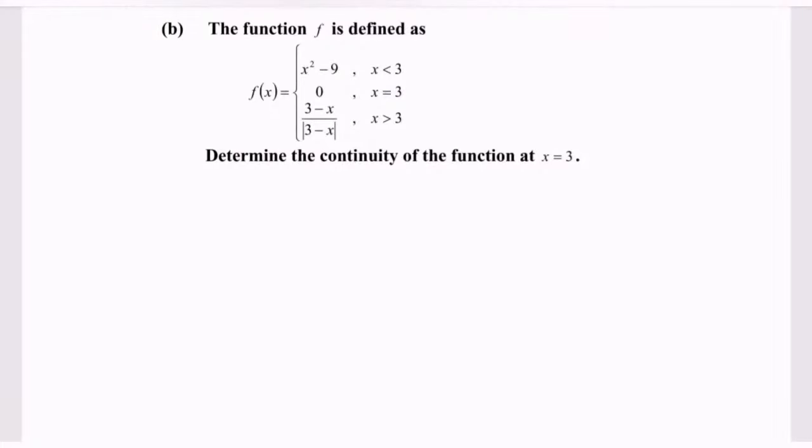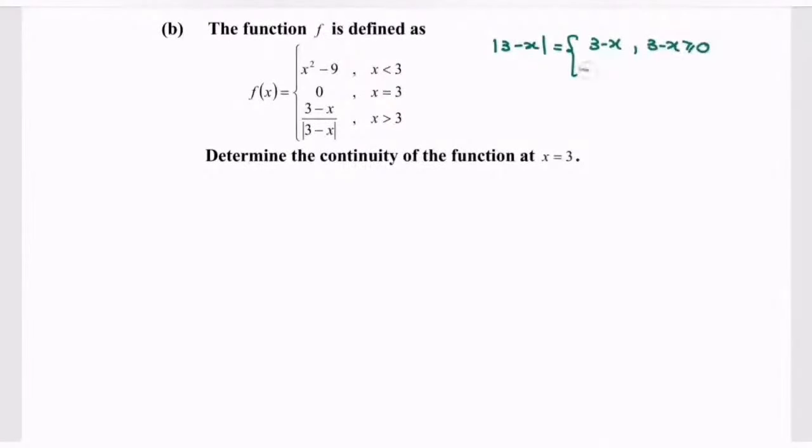So before we begin the discussion, kindly focus on the definition. Based on the definition, we have the modulus of 3 minus x, where we have the definition 3 minus x for the domain 3 minus x greater than or equal to 0.